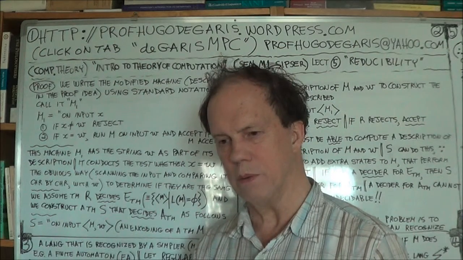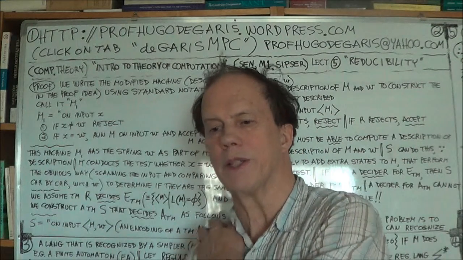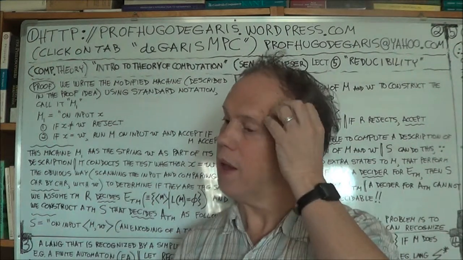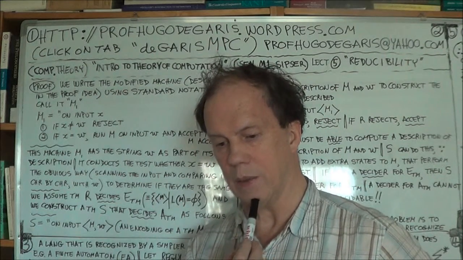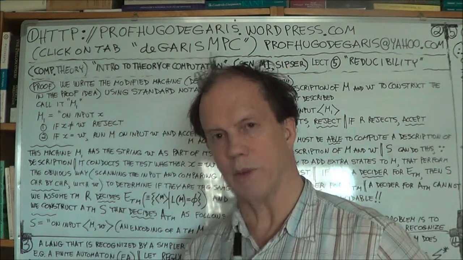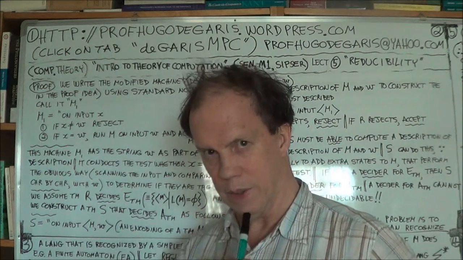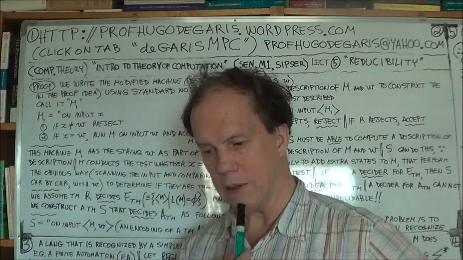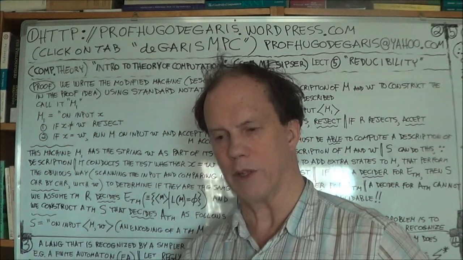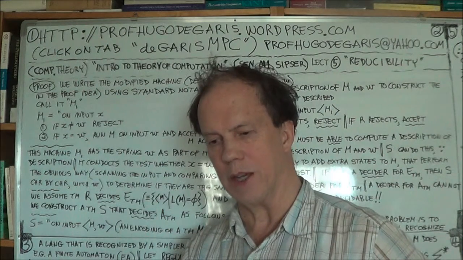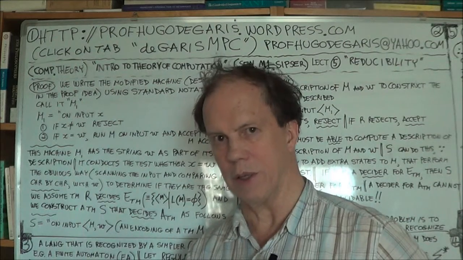Well, you take some problem, or corresponding language, A, and you reduce that language A to the language B that you're trying to show is undecidable. Okay? Now if you can reduce that way from language A to language B, and you know language A is undecidable, therefore you have proven that language B is undecidable.